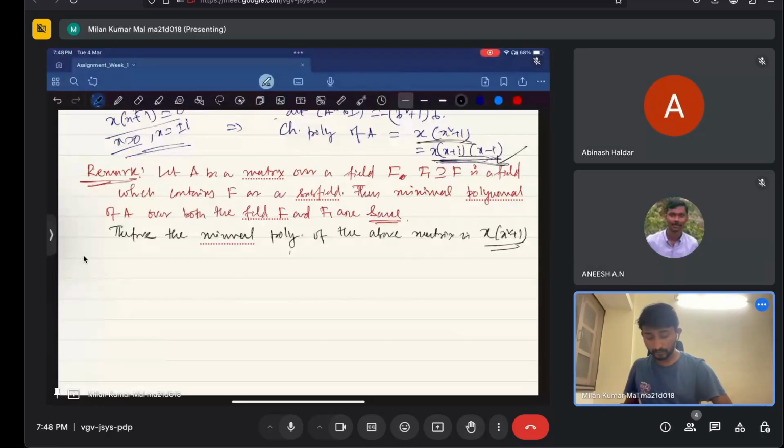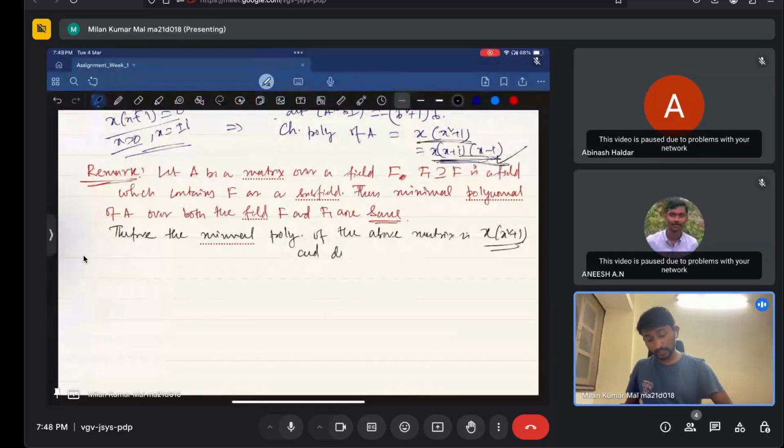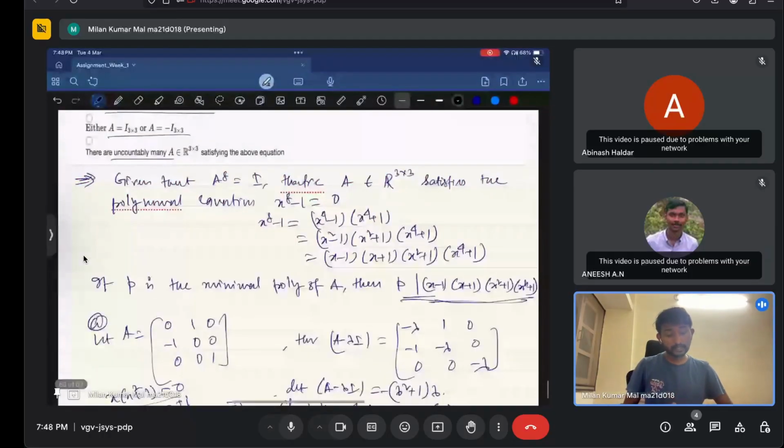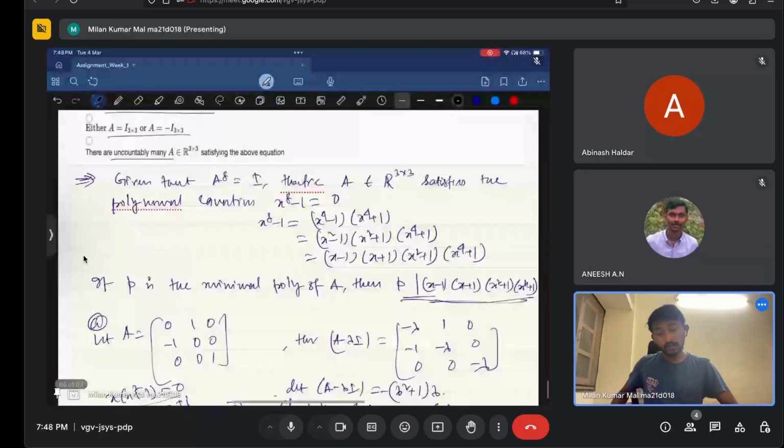The degree of this polynomial is 3. So the first option, that the minimal polynomial of A can be only of degree 2, is false, because I can construct a matrix A for which the minimal polynomial has degree 3. But why will this matrix satisfy A to the power 8 equals identity?